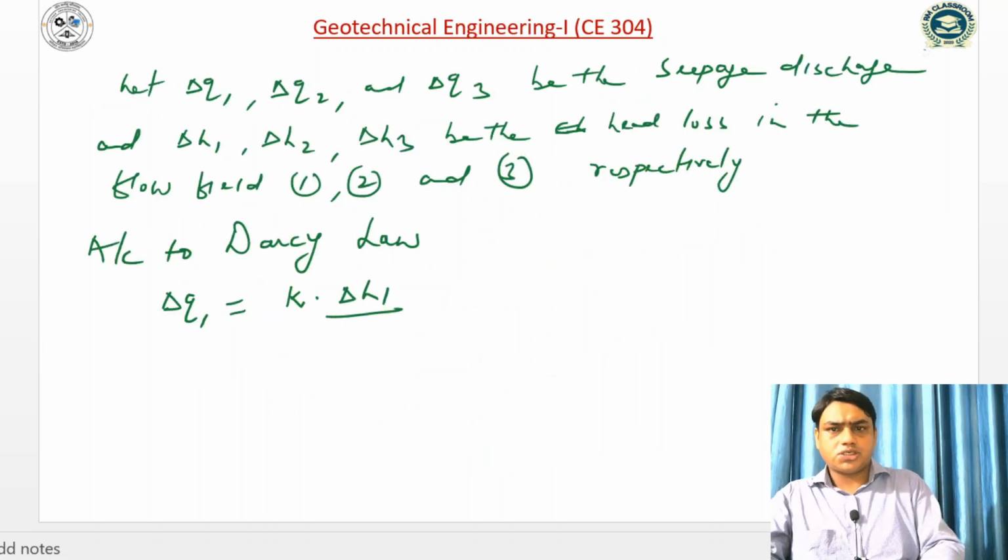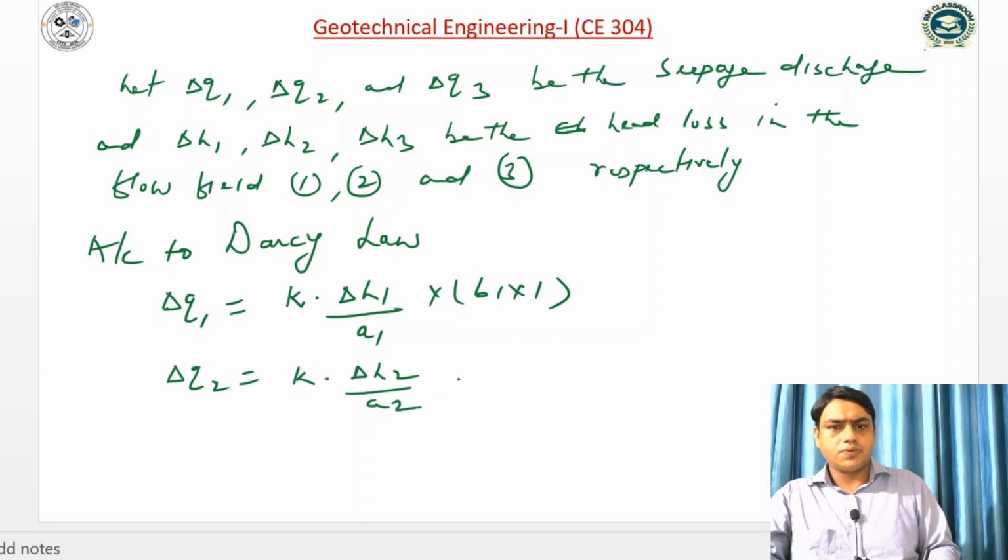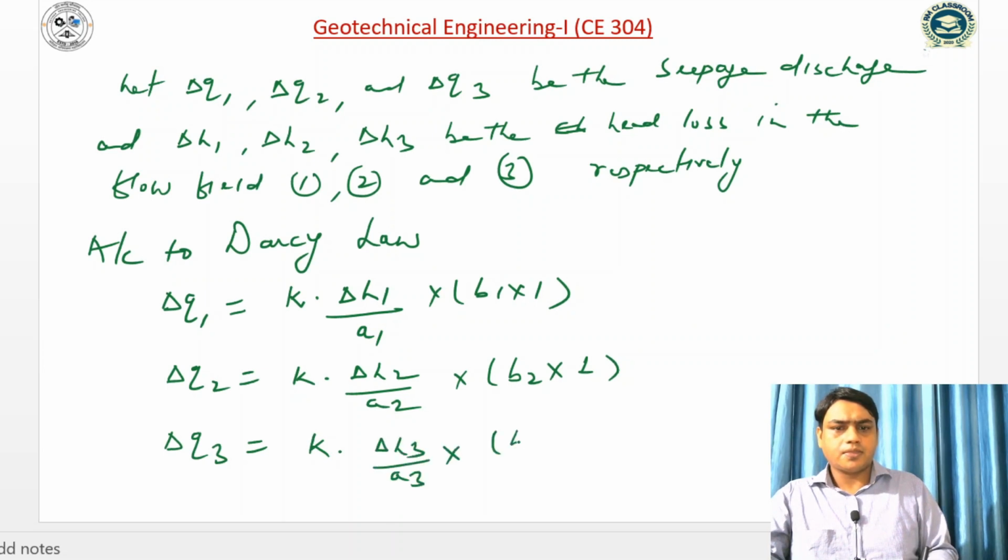So delta H by A1 into area, B1 into 1. Similarly, delta Q2 can be written as K into delta H2 by A2 into B2 by 1. Similarly, delta Q3 can be written as K into delta H3 divided by A3 into B3 into 1.